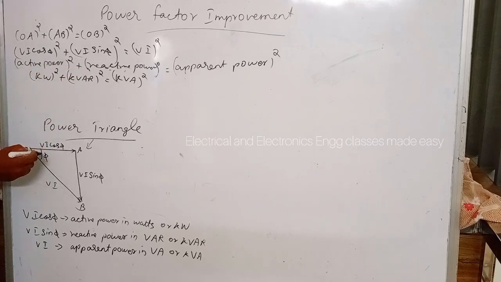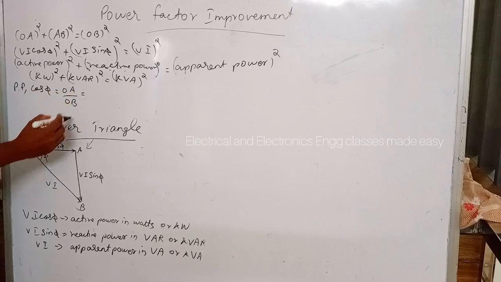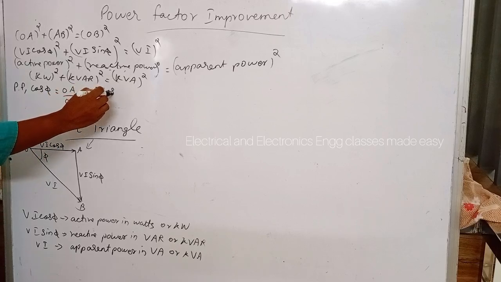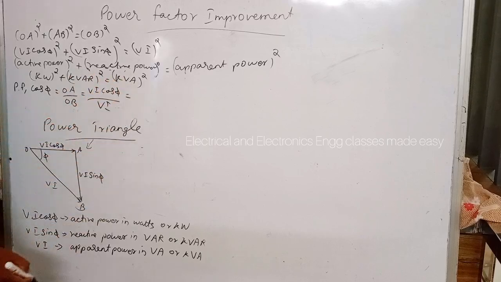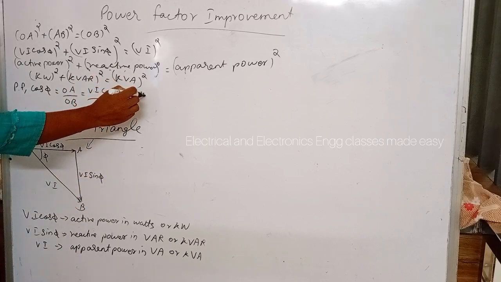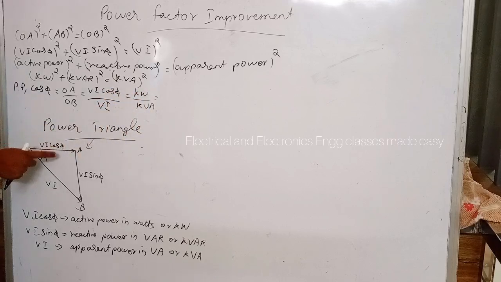Or from this power triangle we can write the power factor, that is cos phi equals OA, the adjacent side, divided by hypotenuse OB, that is VI cos phi divided by VI, or in units kilowatt divided by kVA, where VI cos phi is the active power and kVA is the apparent power.